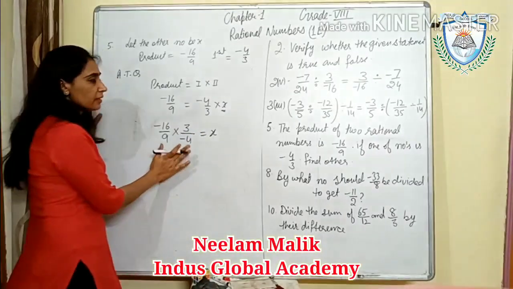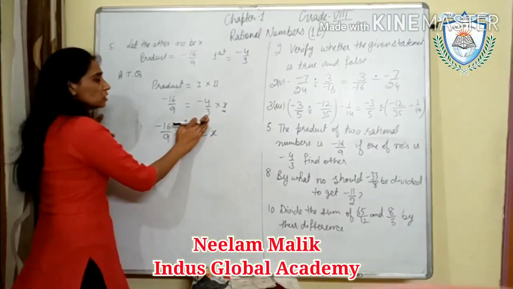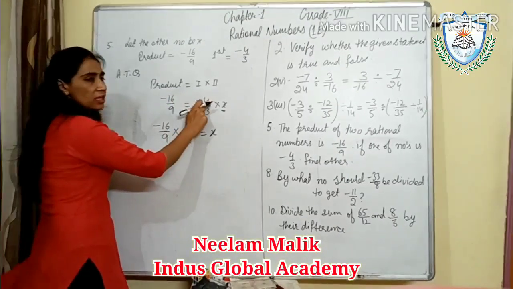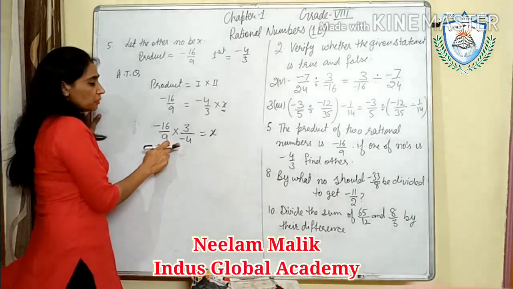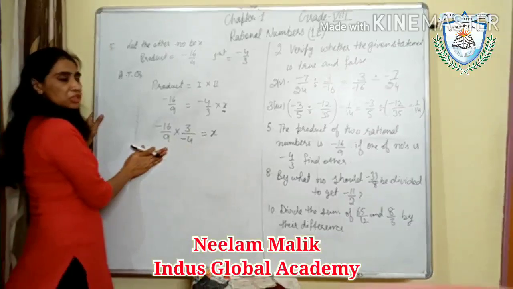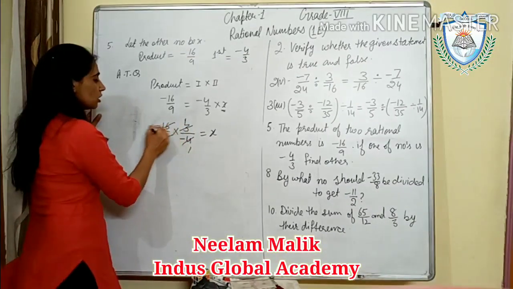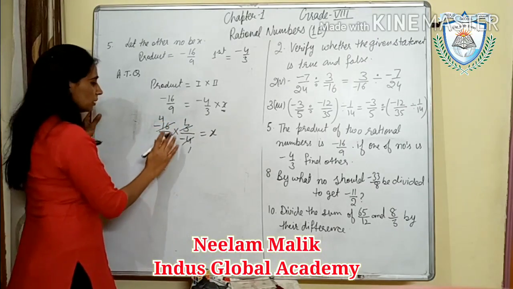So what I did here, this is as it is. I'll bring this here, means 3 will be at the top, so multiplied with the numerator, and whatever is the numerator will go with the denominator. Okay, please don't make a mistake here. Now because they are in multiplication, they are cutting, please cut that. 3 1s are 3, 3 3s are 9, 4 1s are 4, 4 4s are 16, minus will be plus.